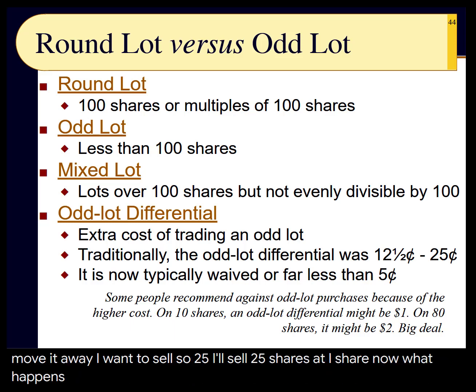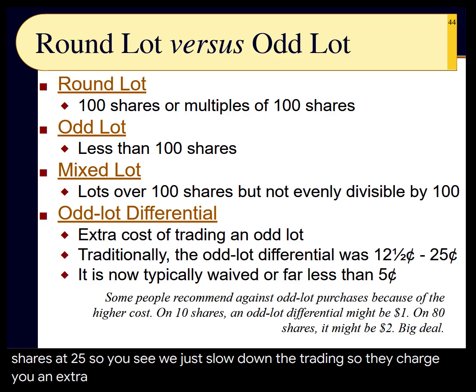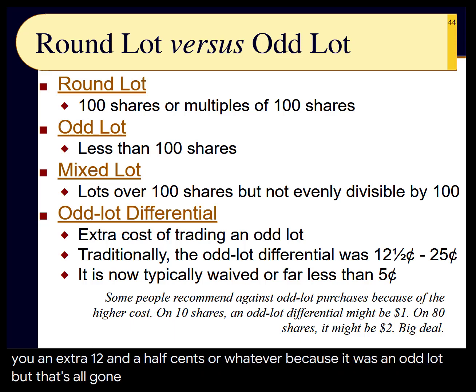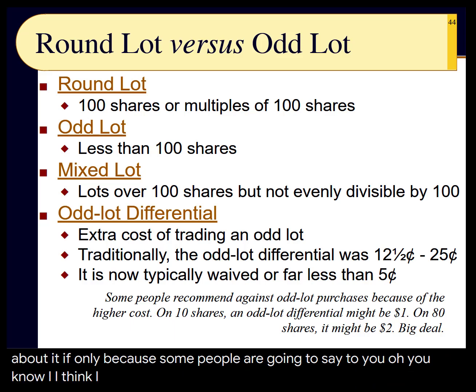Now, what happens when there's an odd lot or a mixed lot? They would say 17 shares at 25. So you see, it would just slow down the trading. So they charged you an extra 12.5 cents or whatever because it was an odd lot. But that's all gone now, so don't worry about it. But you still should know about it, if only because some people are going to say to you, oh, I think I told you should only buy 100 shares.